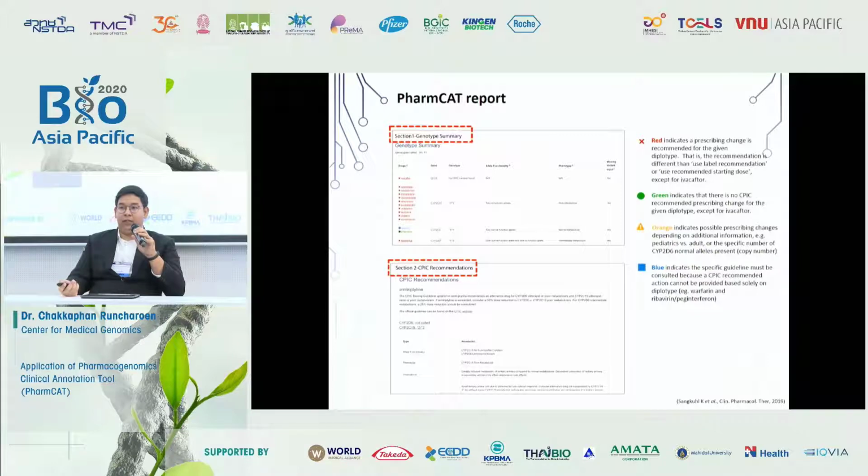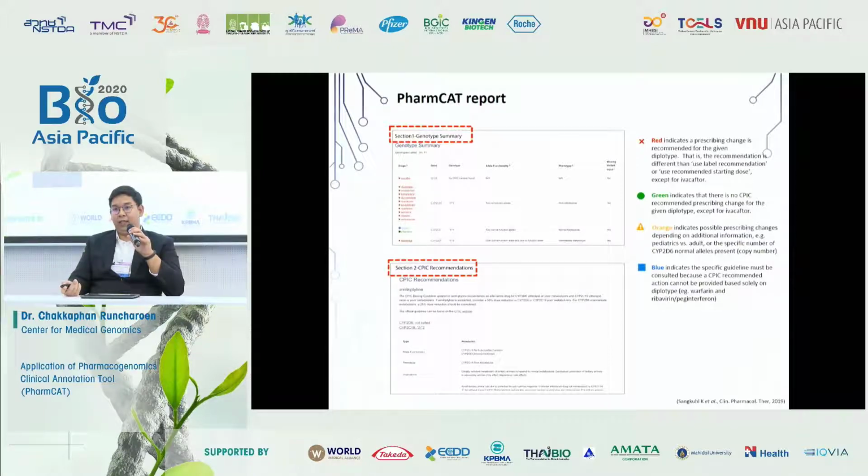It also links the information of genotype with the recommendation, as you see in the different colors and markers in front of the listed drugs. The cross here indicates that this genotype causes abnormal metabolizers, for example intermediate or poor metabolizers, and based on the guideline, a prescription change is recommended.